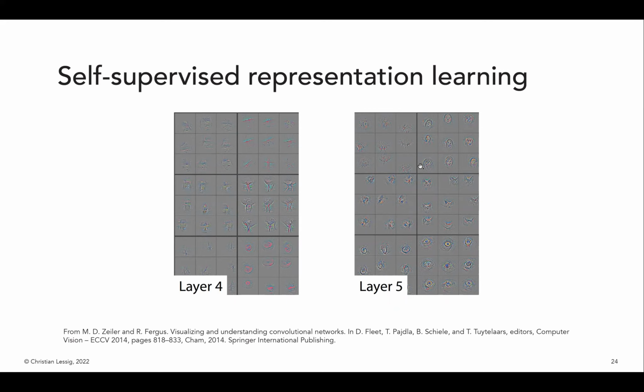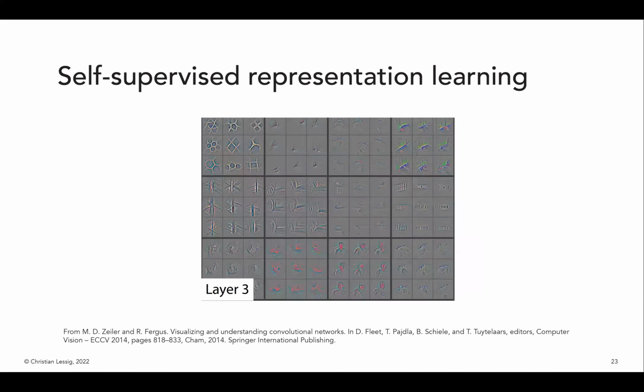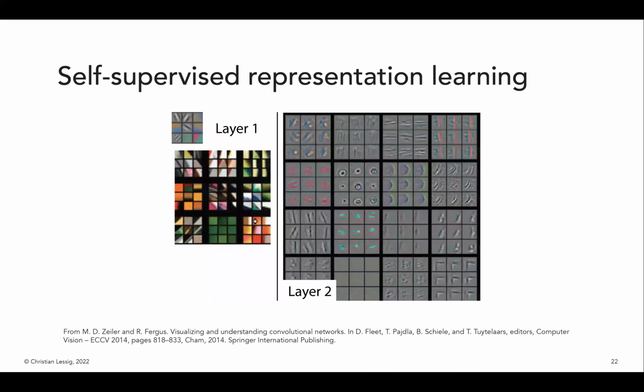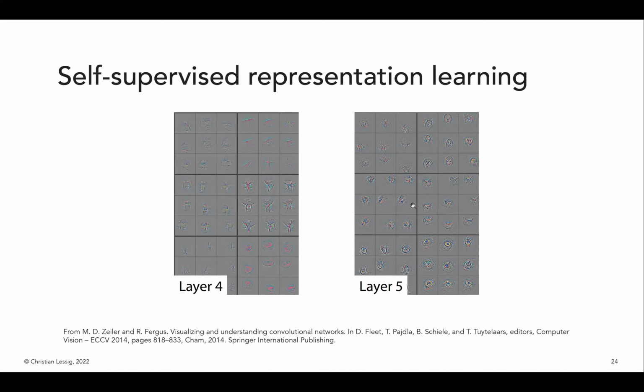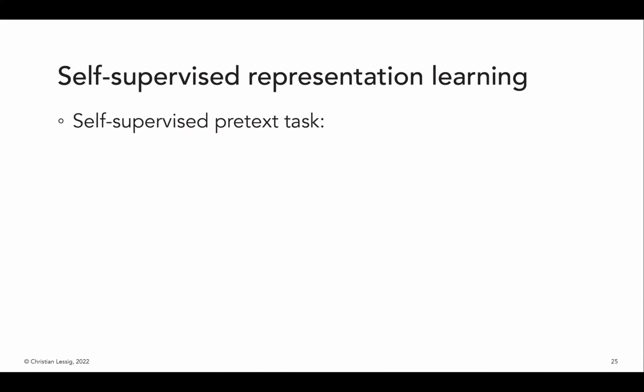And up here, you have human faces and dog faces and car tires that are all somewhat similar for the neural network. But we see that there is structure in the feature spaces. The network really maps from low-level abstract feature spaces to much more concrete ones. This is why it makes sense to think of these intermediate representations of the neural networks as a meaningful encoding that can be useful for applications.